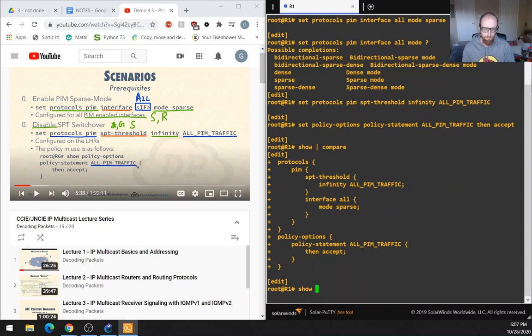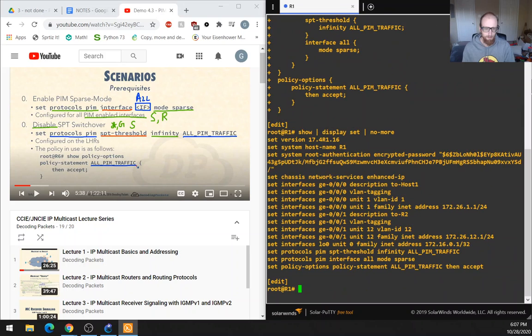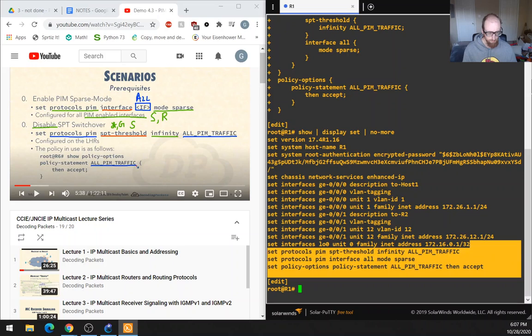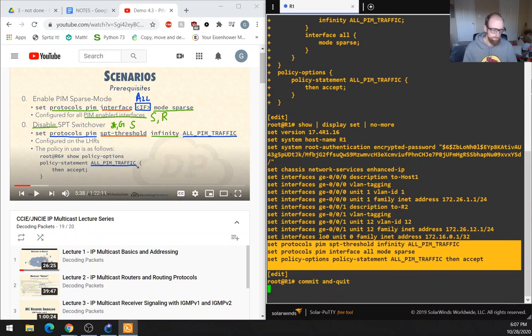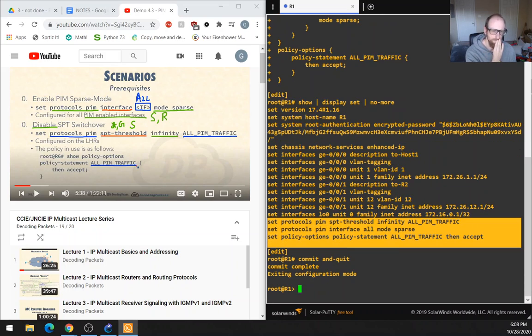Let's do a show | display set | no-more. And yep, so we can just paste it in quickly for the next ones. So hopefully this commits. Yeah, looks good to me.